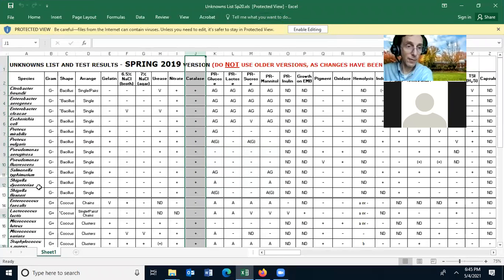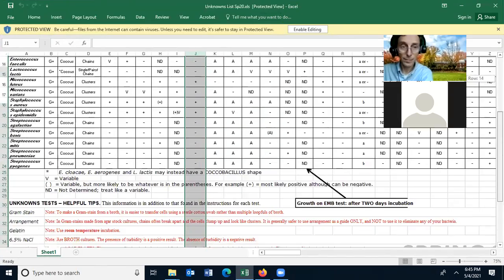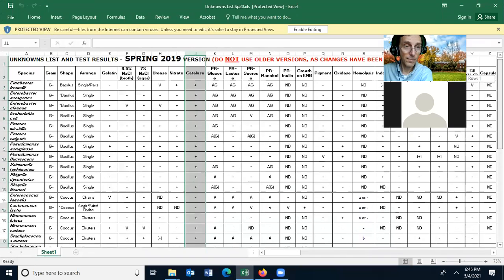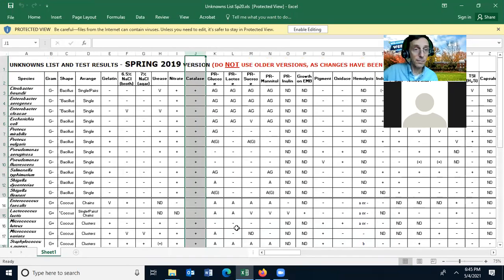So on the left are the possible bacteria species. I don't know, there's maybe 30 of them. And you'll note that the top half are gram negative and the bottom half are gram positive.